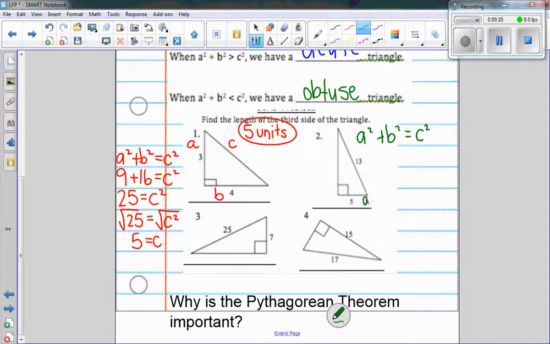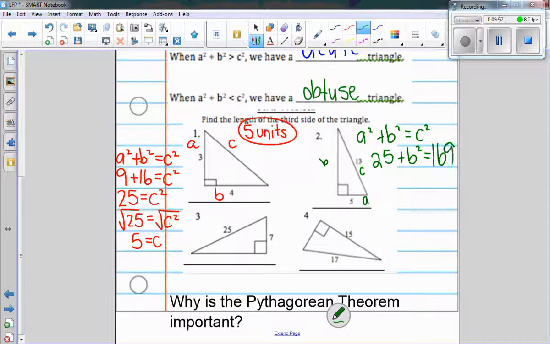This would be side A, side B, and side C. So A squared, we have 5, so 5 squared is 25, plus B squared, we don't know, plus C squared, if I do 13 squared, yes, sir? 169.